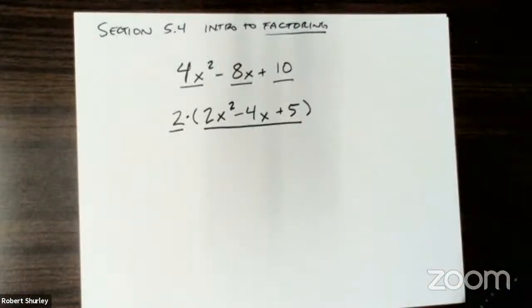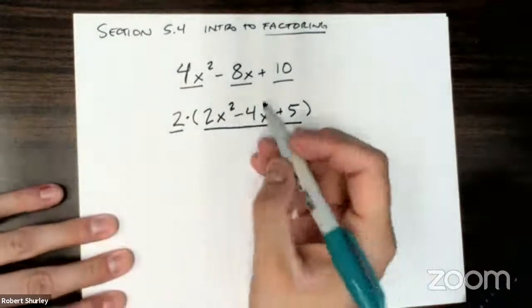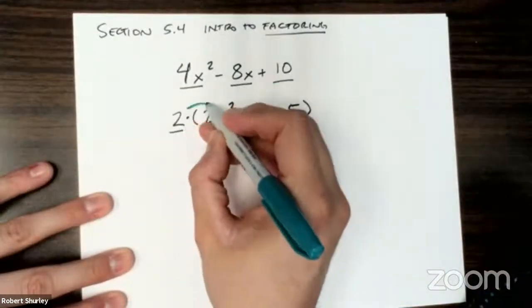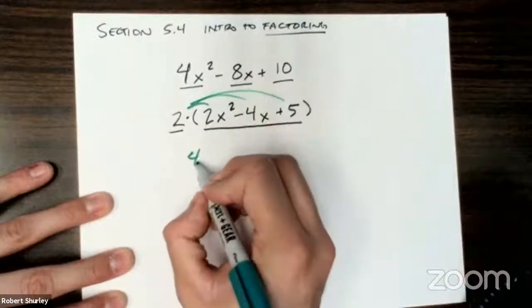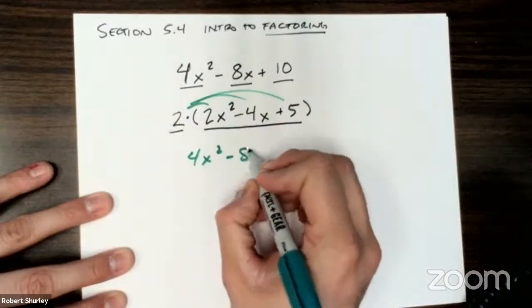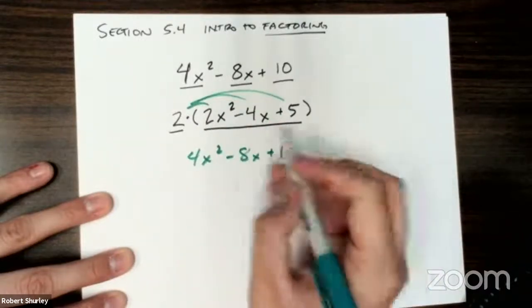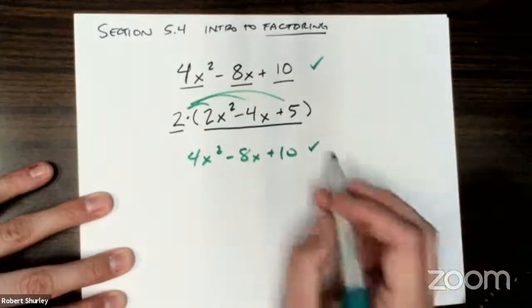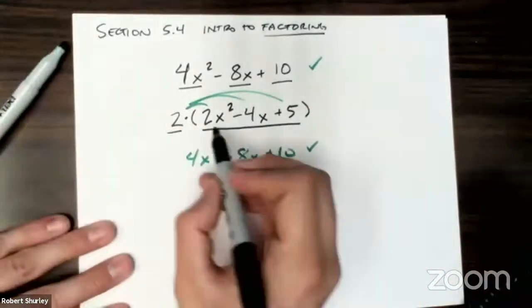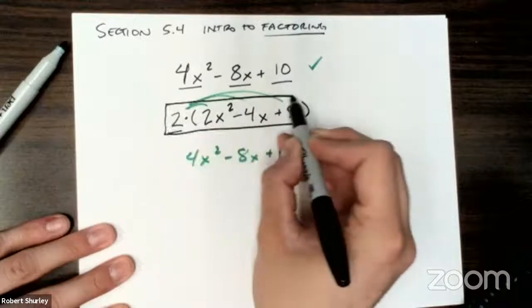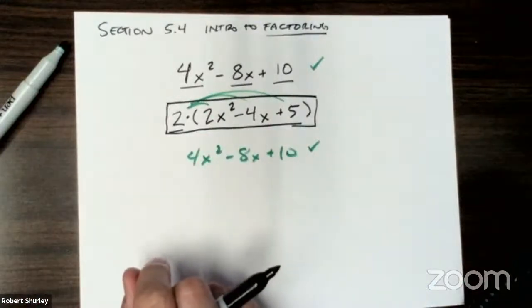And the real way to check these is to multiply it back through. So this is just me checking. If I multiply the 2 back through, I get 4x squared minus 8x plus 10. Hey, that's what I started with, right? So therefore, this would be my answer. Not solution, that's just my answer.